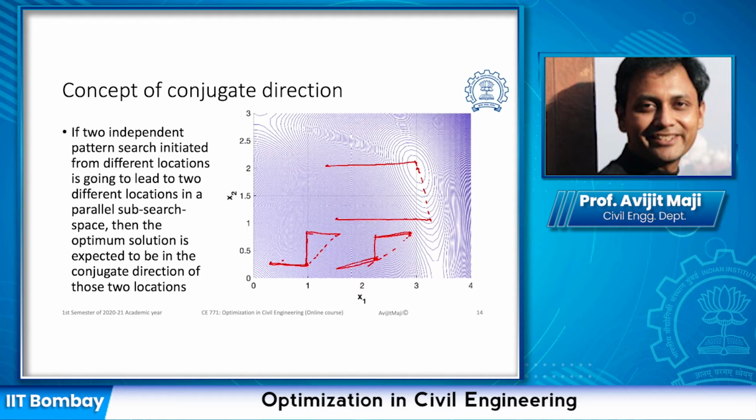Then again we need to search in the same direction. It could be either this way or this way to reach an optimum point which is going to give us two parallel subspaces, or it could be like this. Whichever direction we have started with, we should end in that direction.